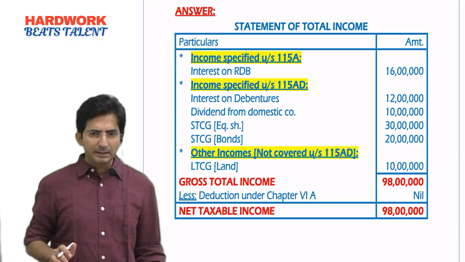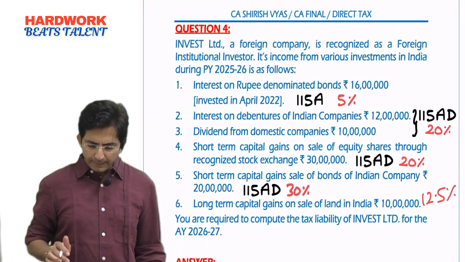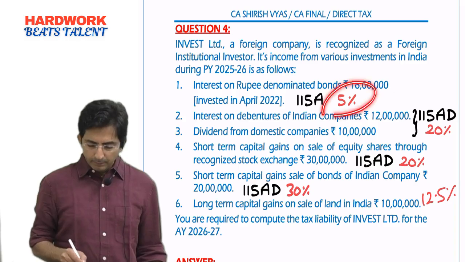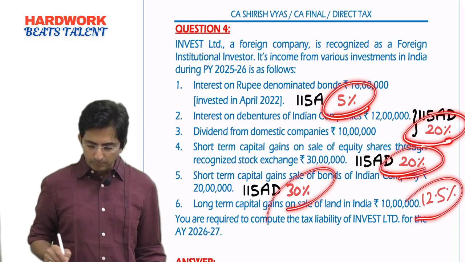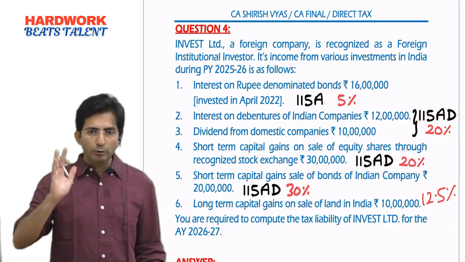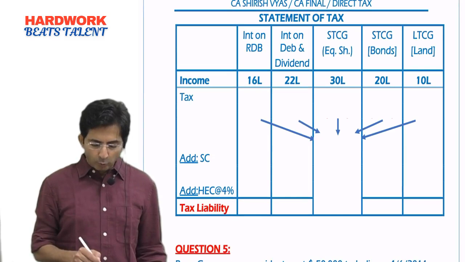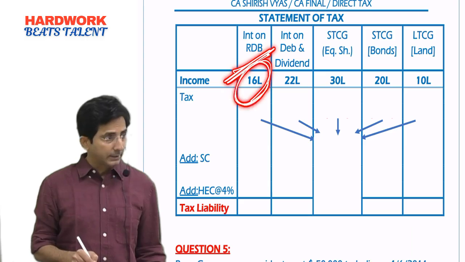Just apply the respective rates, and as many rates as there are, that many columns. Here how many rates are there? 5%, 20%, 20%, 30%, 12.5%. So for each rate you will prepare a separate column. So see how I have done the presentation. First I have written that rupee denominated bonds separately because it is subject to 5% tax rate.